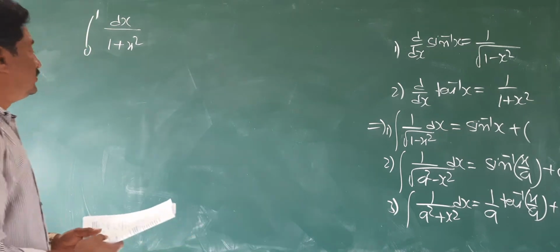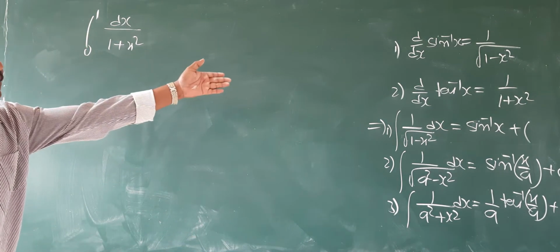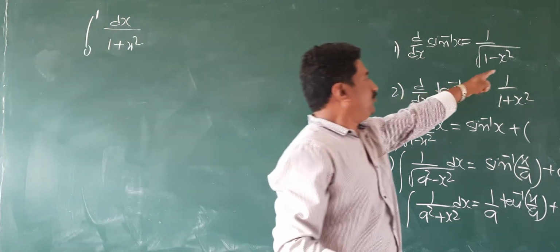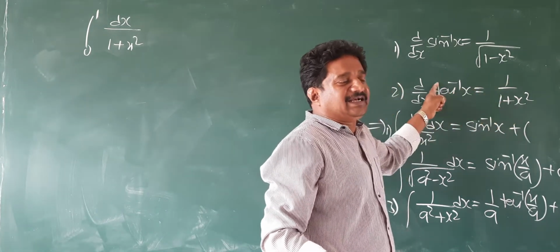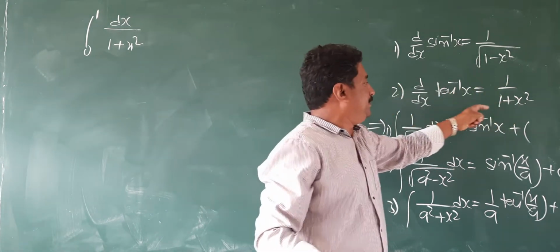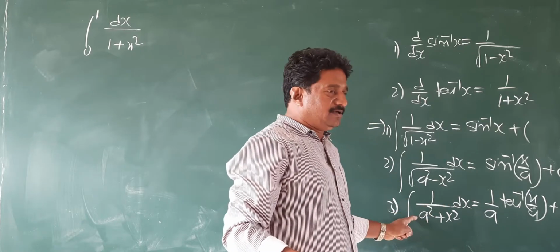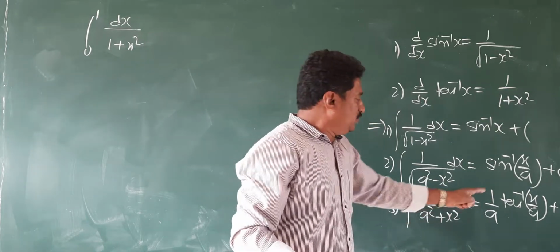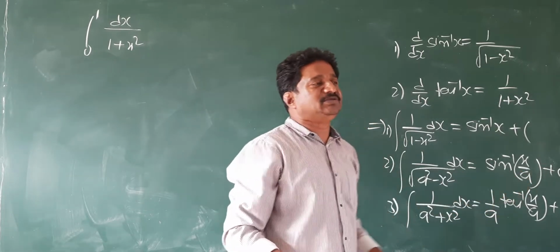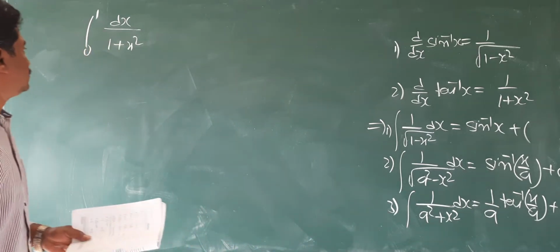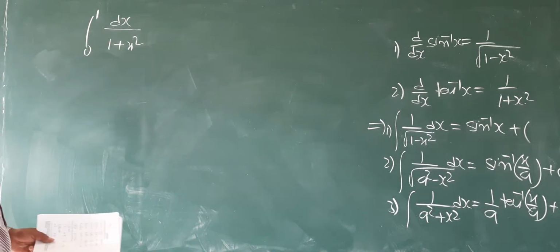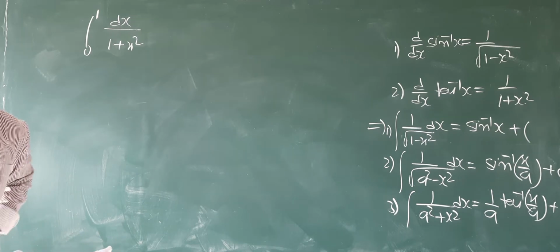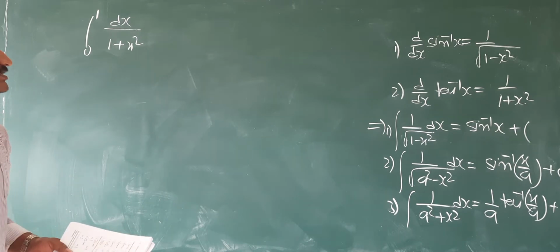Just before, I told you how much is integration of 1 by 1 plus x square? Directly it is tan inverse x. In the place of 1, if we have a square, it is 1 by a tan inverse x by a. Integrate that directly: tan inverse x.